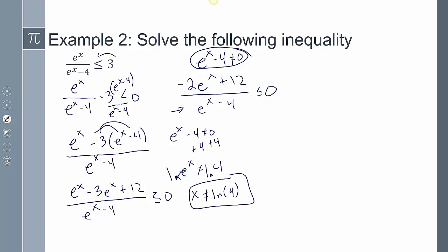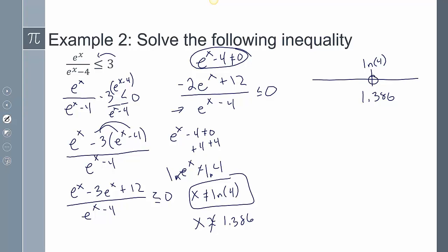Because if x is ln of 4, then I'm going to get an undefined value. Now the issue is, what is actually ln 4? And so x cannot be approximately 1.386. So that means on the number line, we'll say that this is 1.386 or ln 4. We'll make that the barrier there. That has to be an open circle.